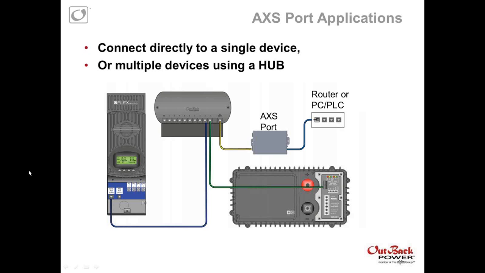Mm-hmm. And there was also a question about whether you would need a computer on site to monitor and control with the access port. Do you want to speak to that, Paul? Yeah, so computer on site. It's not on site, so it is a remote enabled device. Looking at the screen here, you can either plug in through a router, which goes into the internet, or a computer, but you have the option to do either.